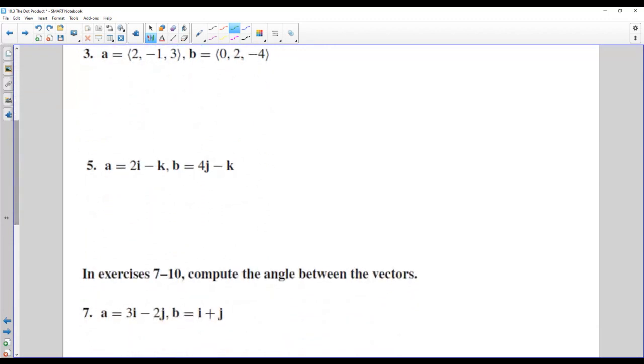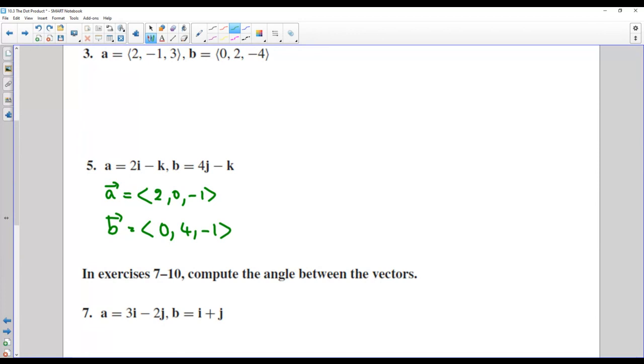Number 3, same thing. Now for 5, the first thing you need to do is perhaps write the vectors in this form. So A will be 2, 0, minus 1. B is 0, 4, and minus 1.